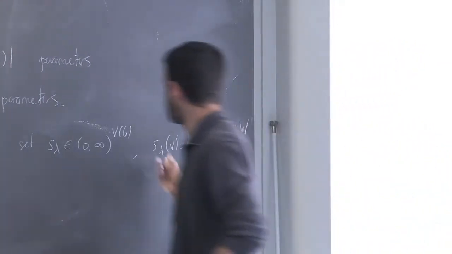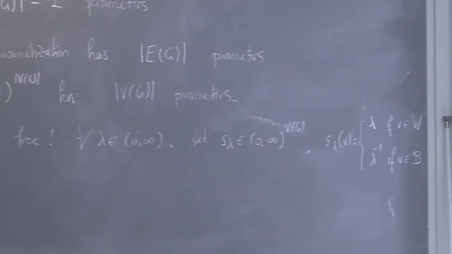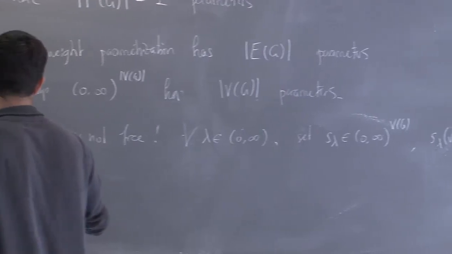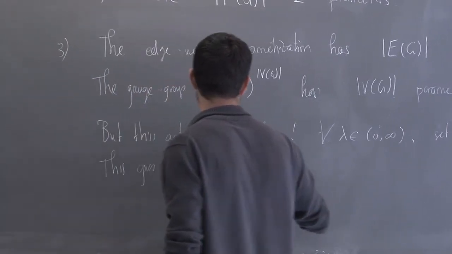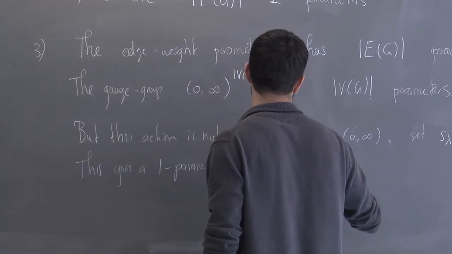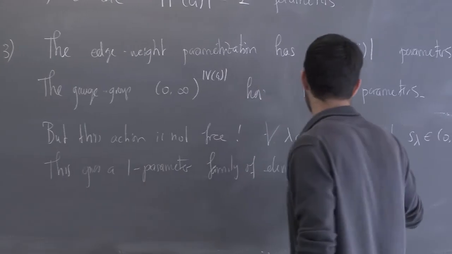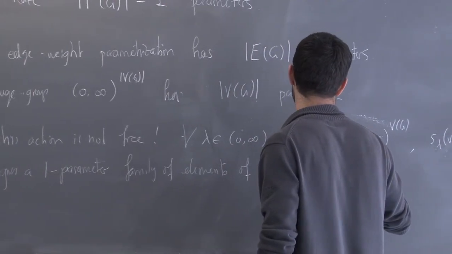Okay, so this gives a one parameter family of elements of this group acting trivially.